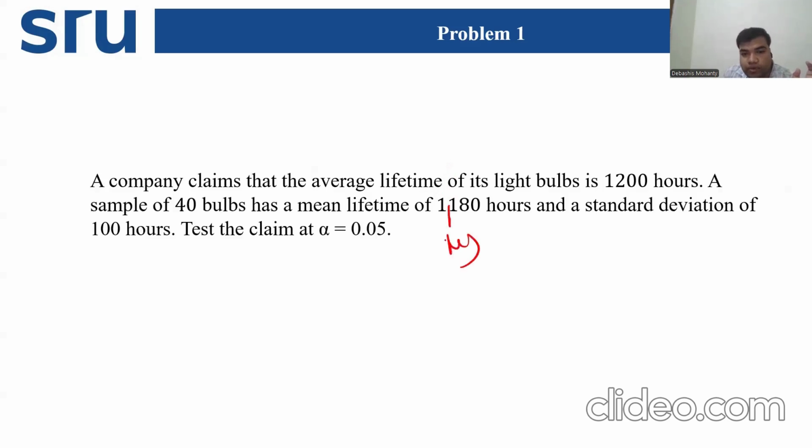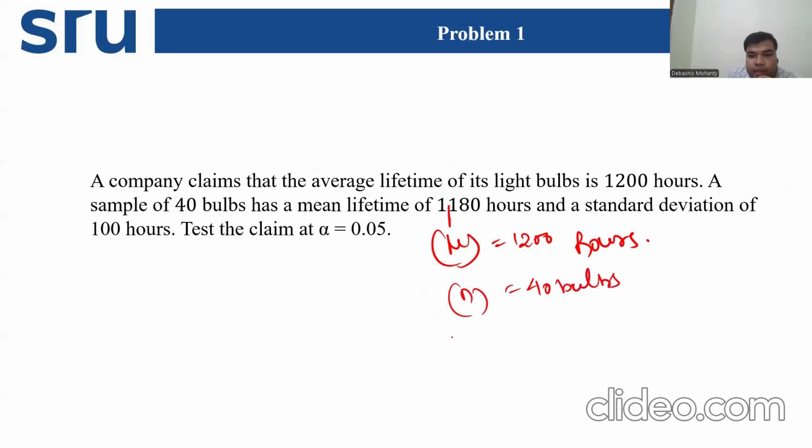So here mu is equal to 1200 hours, the sample size n is equal to 40, and the mean lifetime, that is the x bar value, is equal to 1180 hours. Standard deviation sigma is equal to 100 hours.